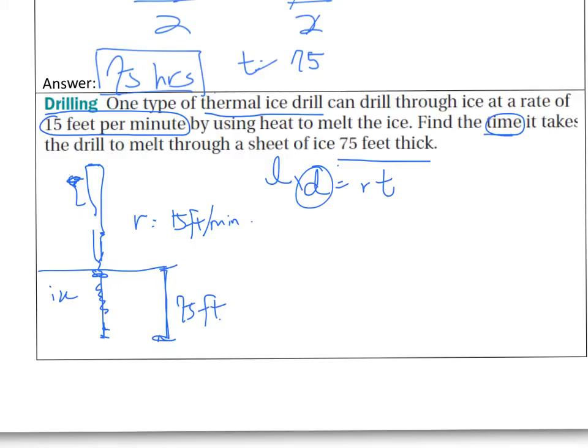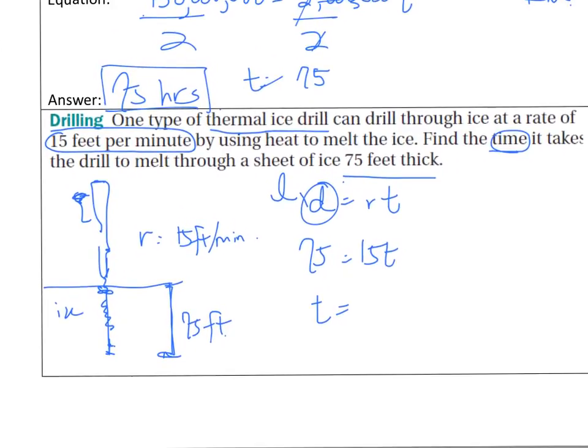Okay, so we have 75 equals 15t, and then after you solve for t, it should be 5. Since you divided both sides by 15, cancel out the 15, 75 divided by 15 is 5. And that would be 5 minutes.